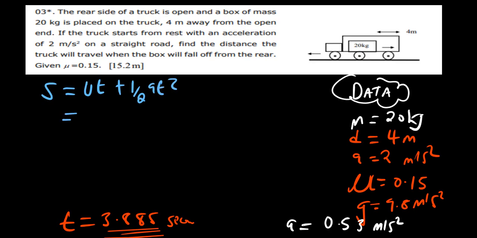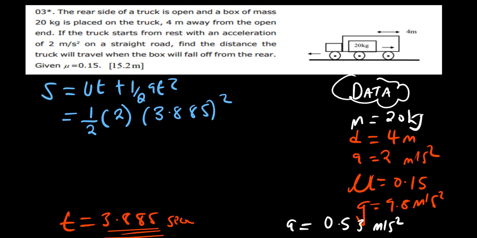Okay, our u, the truck starts from rest, so the initial velocity is 0. So I'm just going to write half multiplied by the acceleration. The acceleration we are saying for the truck itself is 2 meters per second squared, so I'm going to write my 2, multiplied by the time that we found, 3.885 squared.